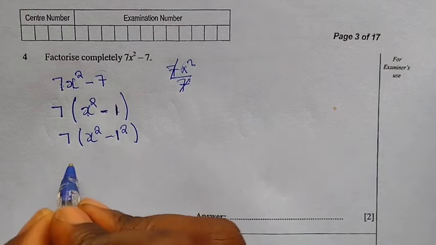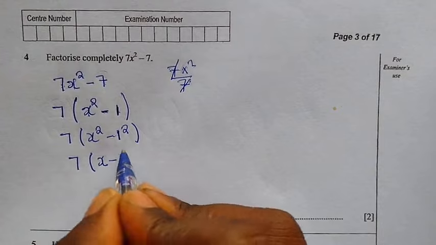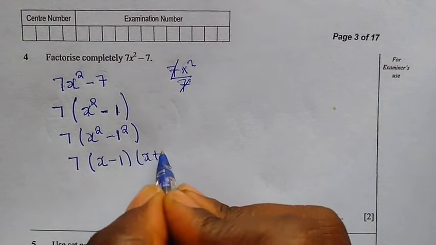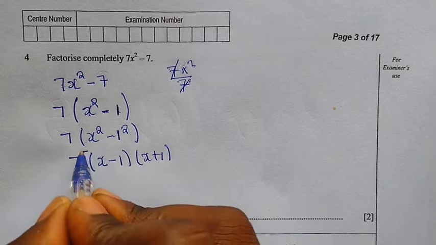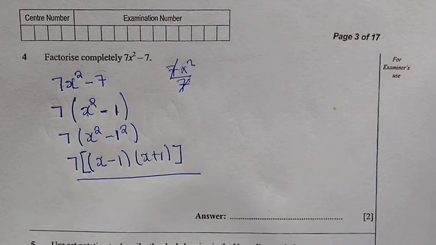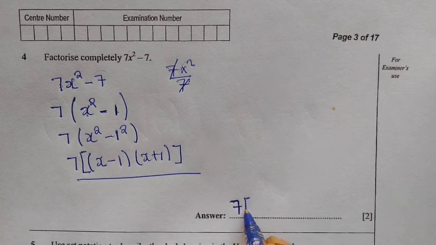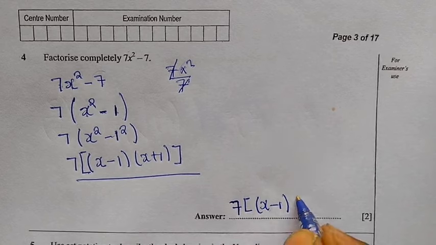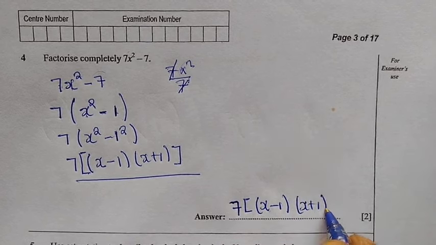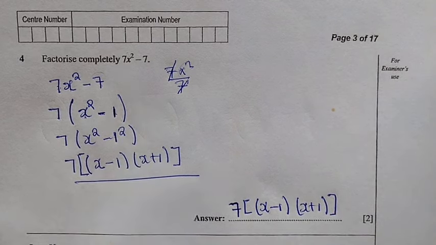So here we can now say 7, open bracket, x minus 1, then x plus 1. Okay, so this will be our final answer. So our final answer is 7, then we have this square bracket, x minus 1, then x plus 1. Okay, so we have factorized this expression.